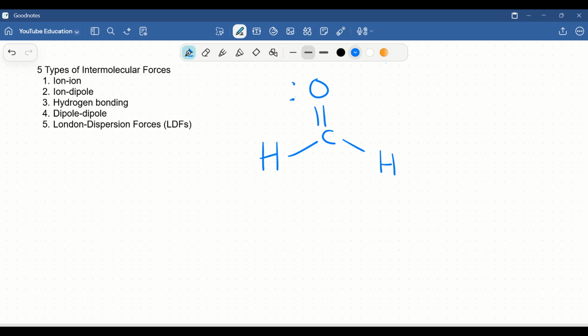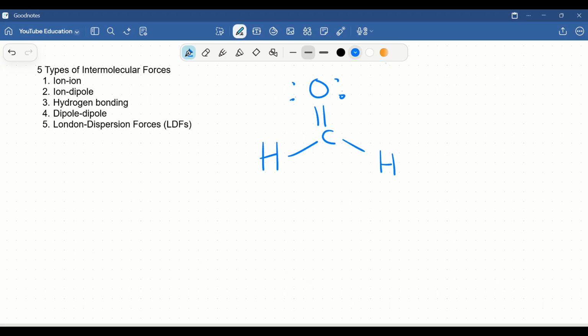I haven't been drawing lone pairs this entire time, but I suppose I'll draw them right here. I would review your geometries, and this would greatly help you in understanding the different types of intermolecular forces and identifying them.